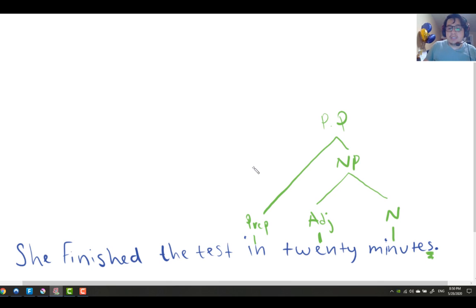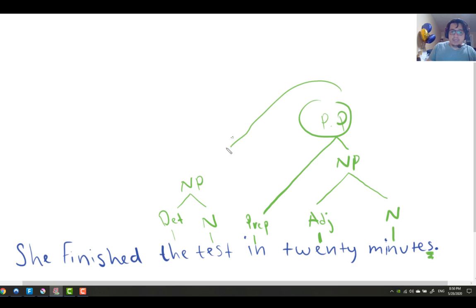Now the next constituent is not that difficult because what I have here is just a determiner plus a noun. So we have the noun, again, the test, and then the determiner. These two are a noun phrase. But if we just say it like that, then we need to understand that since this part here is modifying this, what I need to know is that this here belongs to this here.